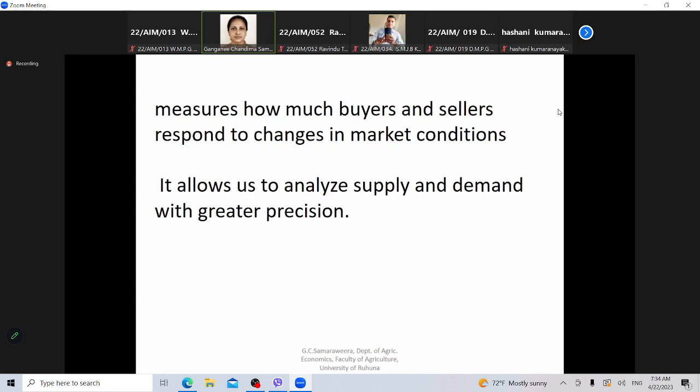It also allows us to analyze supply and demand with greater precision, because quantity demanded and price of the commodity are all connected with supply and demand.